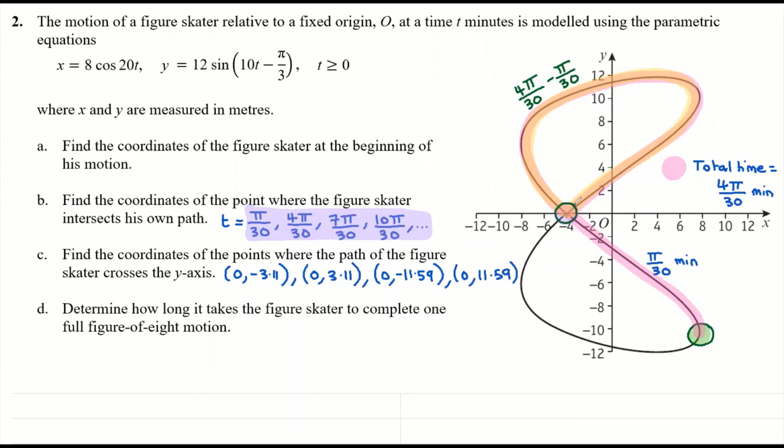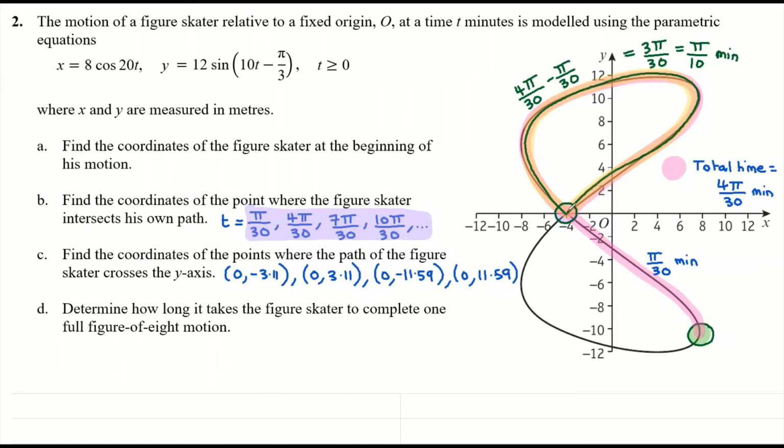So that's going to equal, and I'll just put the equals over here, 4 pi over 30 subtract pi over 30, that is, of course, 3 pi over 30, which is just pi over 10 minutes.